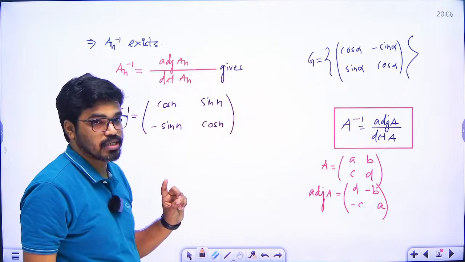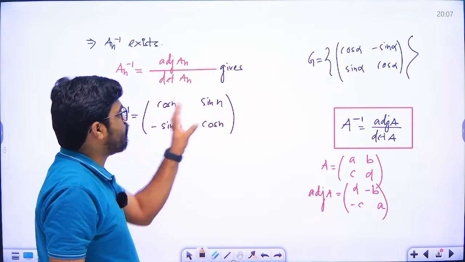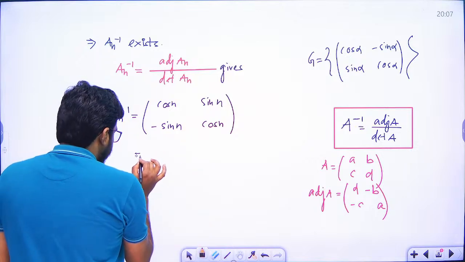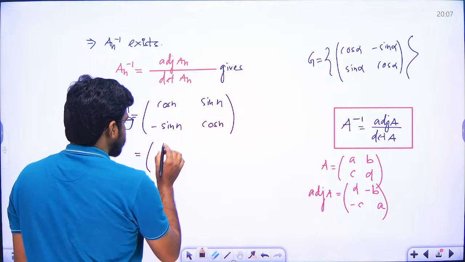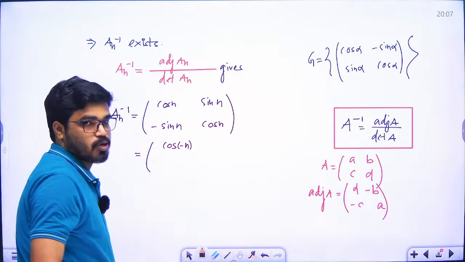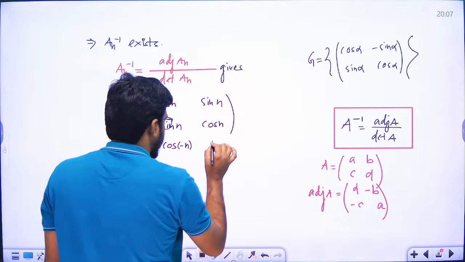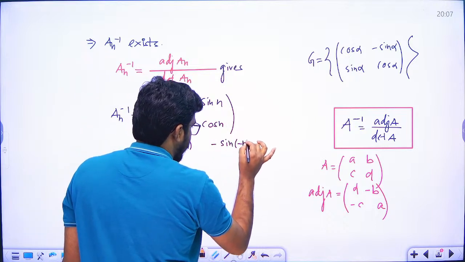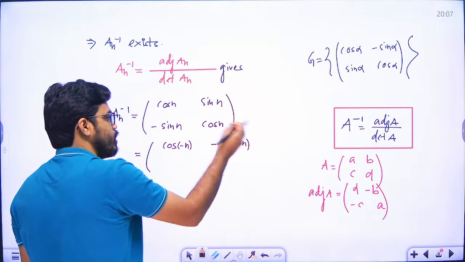So from this we can say that a inverse belongs to G. This can be written as cos minus n, right? Cos of minus theta is cos theta. Sin n can be written as minus sin minus n, because sine of minus theta is minus sin theta.